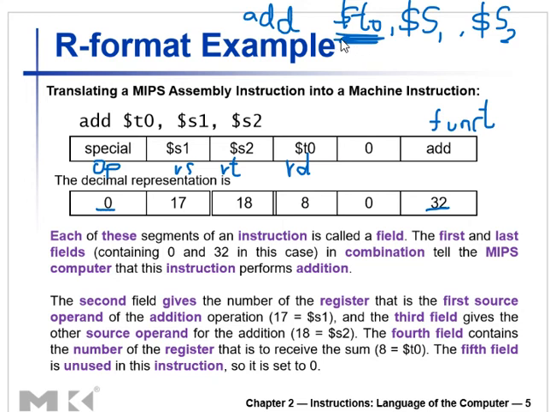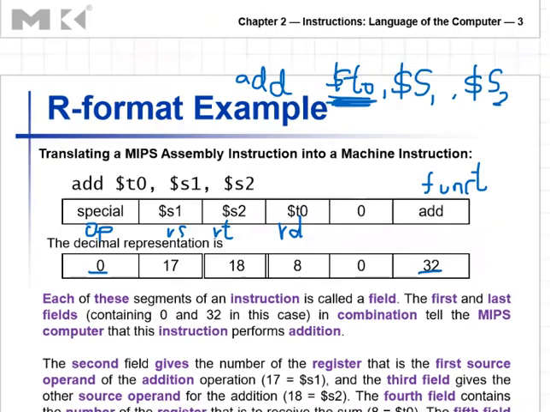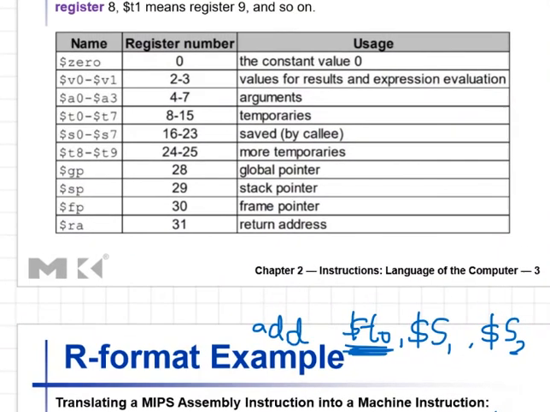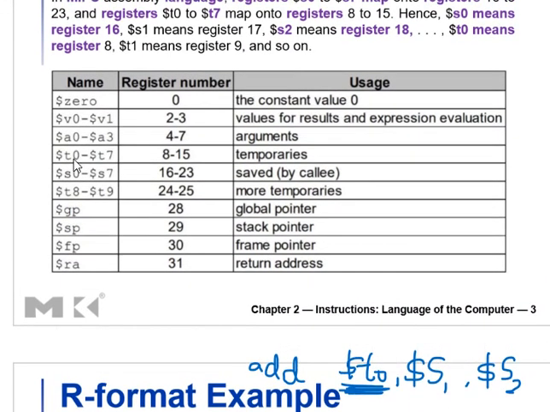It says register $t0. What is the number equivalent for $t0? Let's look into this diagram. The number equivalent for $t0 is 8. And for $s1 and $s2, these two more registers come from the range 16 to 23.